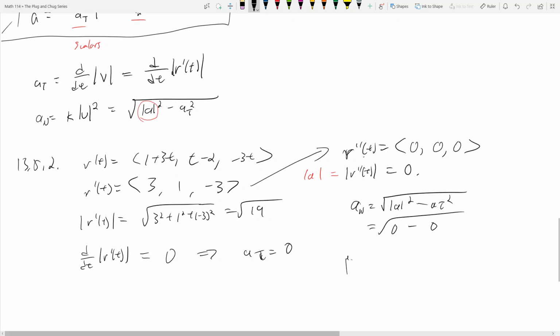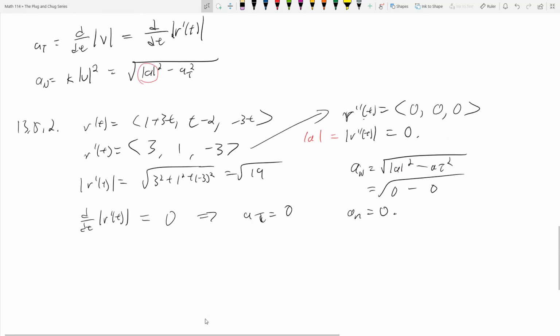So AN is also 0, and therefore there's no acceleration. If there's no acceleration, then A is equal to 0 T hat plus 0 N hat, which is simply the zero vector.